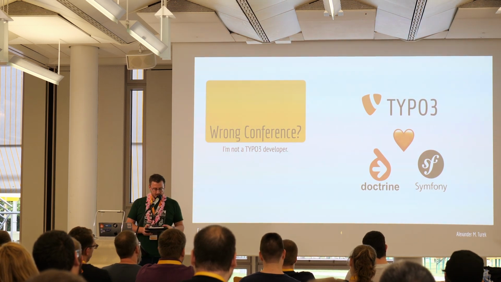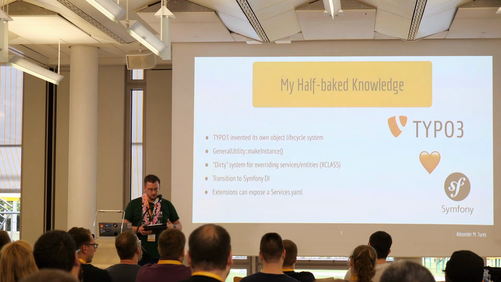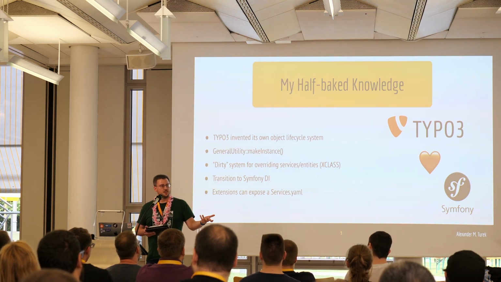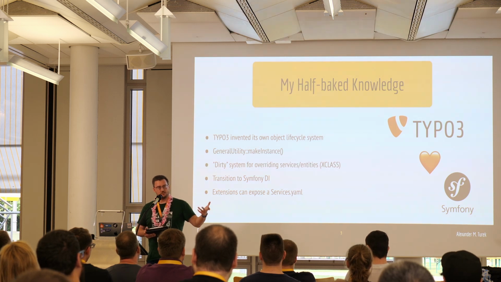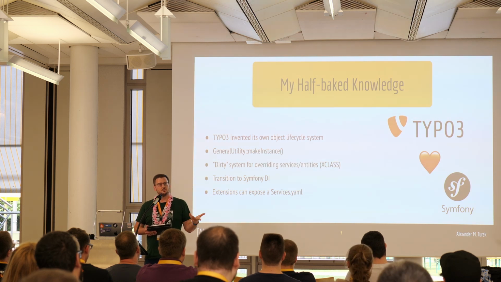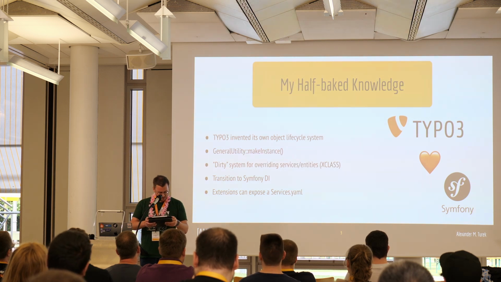What I know about how Typo 3 uses Symfony, for instance, is that they use the dependency injection component nowadays. It used to have its own self-invented object lifecycle management system, and there was something called, what is it?